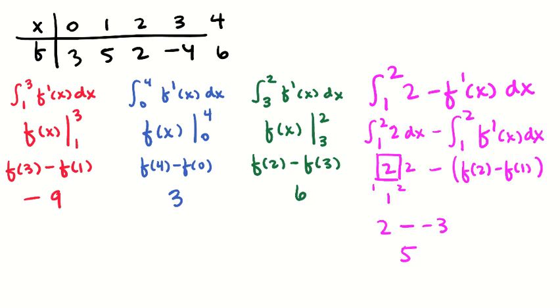All right, here you go. I split the integral into two separate integrals because for easy ones like integrating a constant, I really recommend looking at this as a geometry problem more so than a calculus problem. Now, if you wanted to, you could have certainly cooked up an antiderivative for this and said it was 2x minus f of x and evaluated that from 1 to 2.